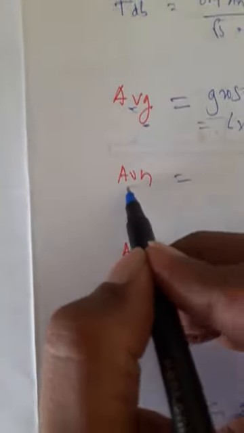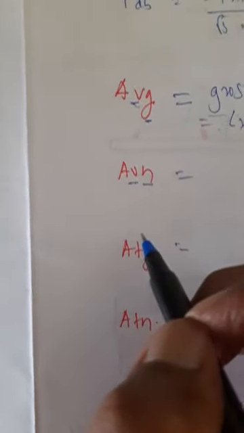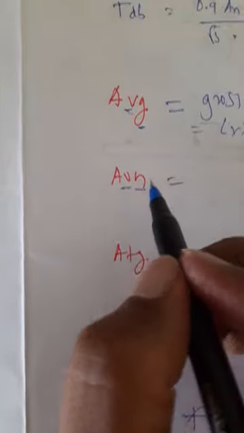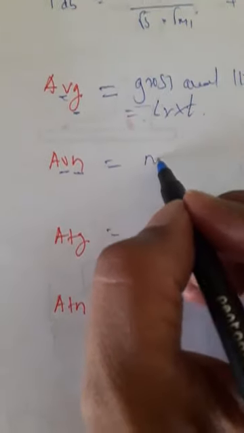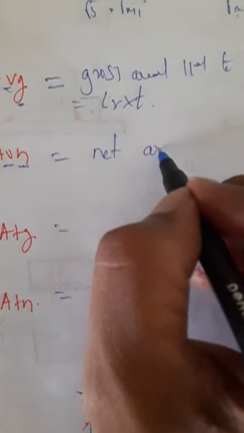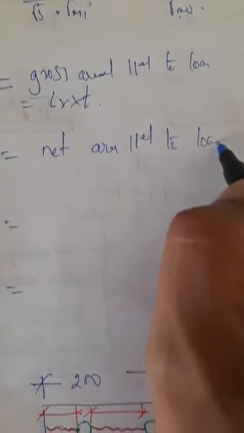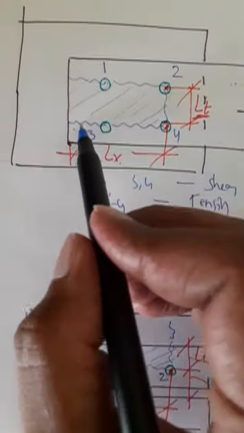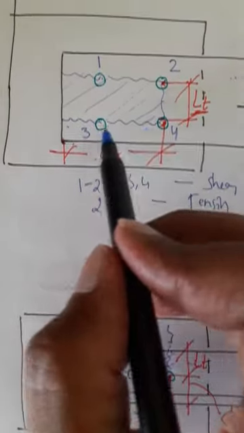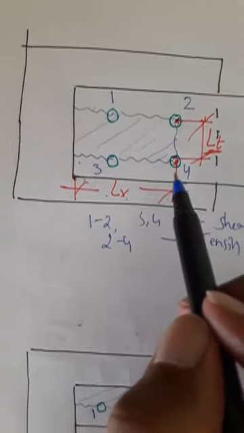Similarly, the next term AVN. Again here V indicates shear. Shear means parallel to load. N indicates net area. So net area parallel to load. Now look here. Here these are the bolt holes. One hole, and for the second I am taking from the center, so half the bolt hole.